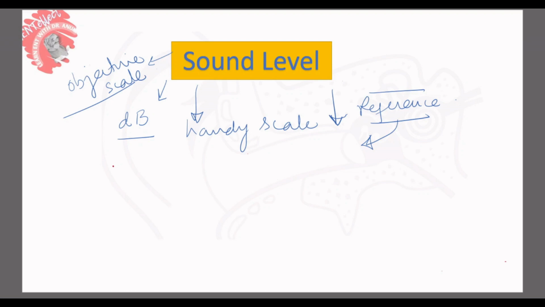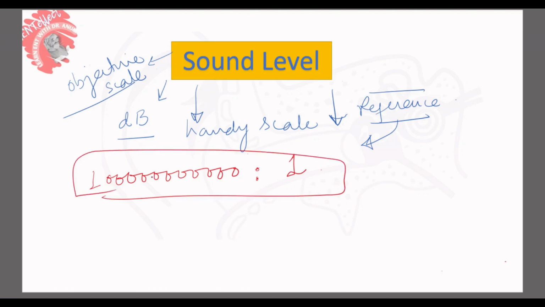The ratio between the intensity of the softest detectable sound by a human ear and that of the loudest tolerable sound is vast, in the order of millions and trillions to 1. We can't express sound like this.